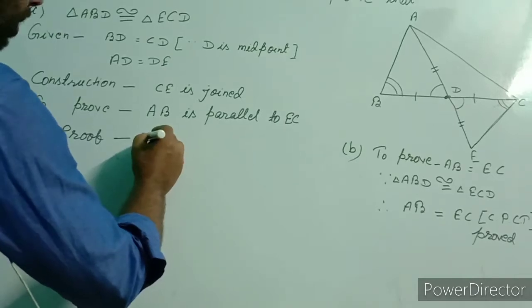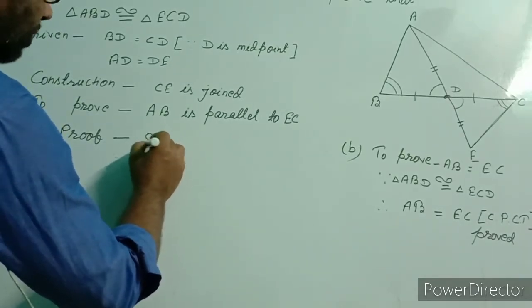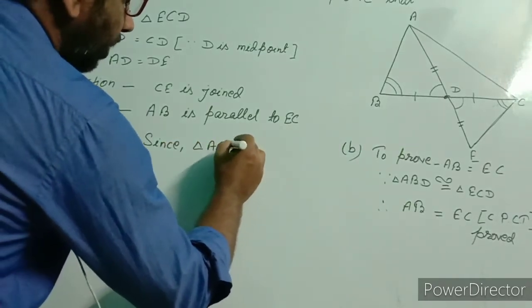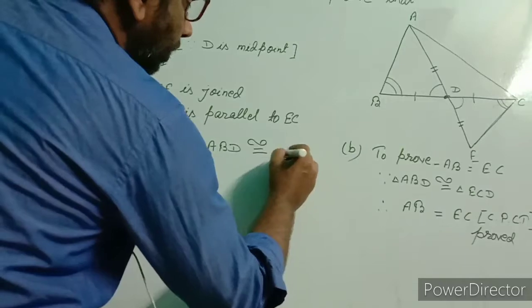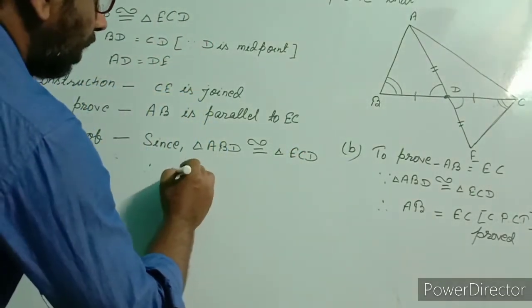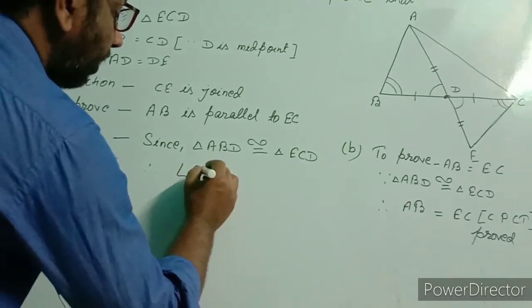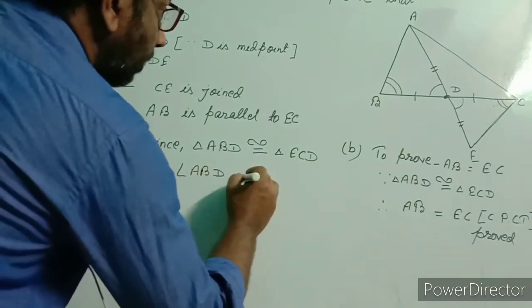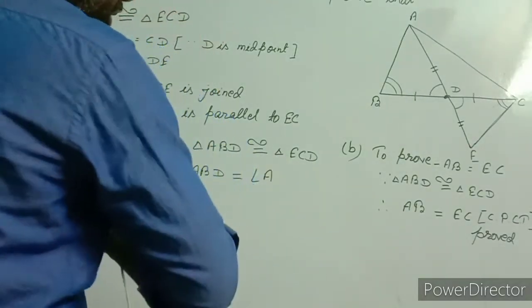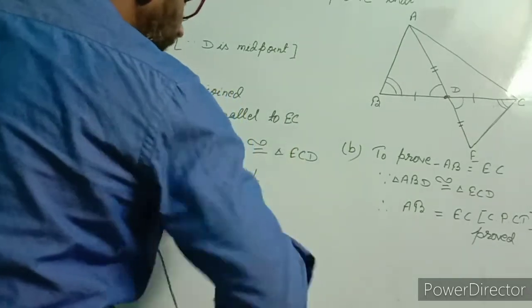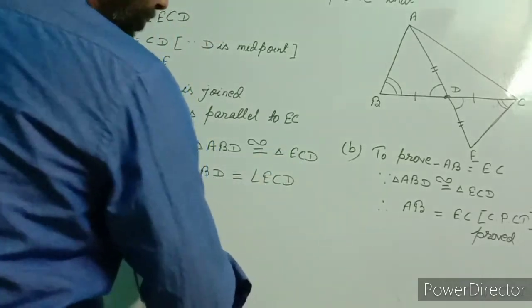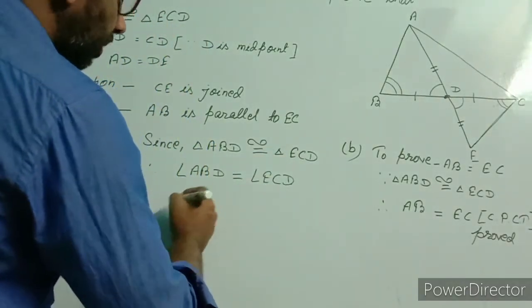So for that also we write, since triangle ABD is congruent to triangle ECD, therefore angle ABD is equal to angle ECD. So what are we saying?